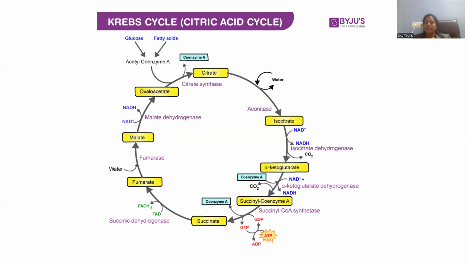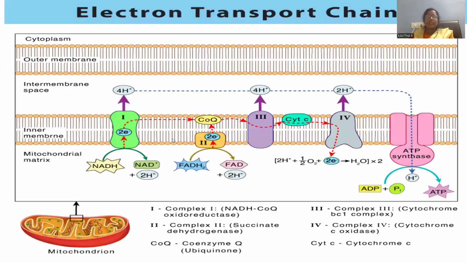During this process, again, there is a provision to generate ATP. This is called the Krebs cycle. The Krebs cycle is meant for the generation of ATPs and giving rise to energy by consuming glucose and fatty acids.